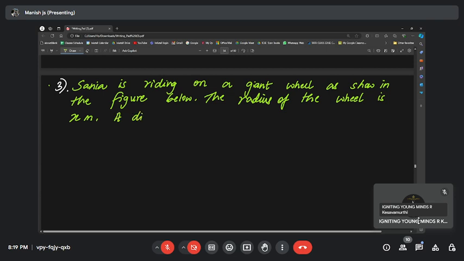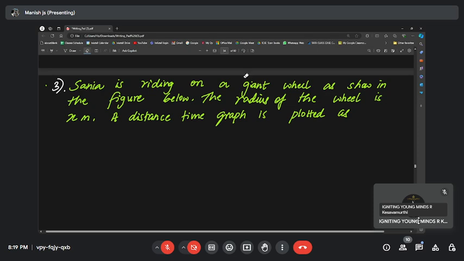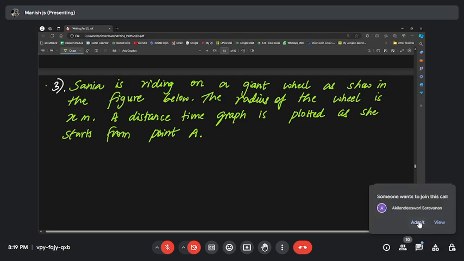A distance time graph is plotted as a function of time, as she starts from point A.